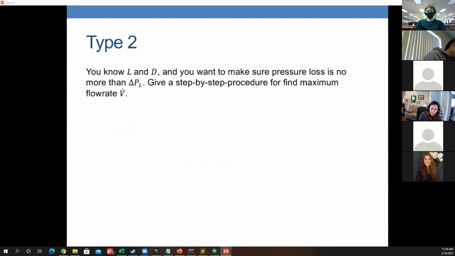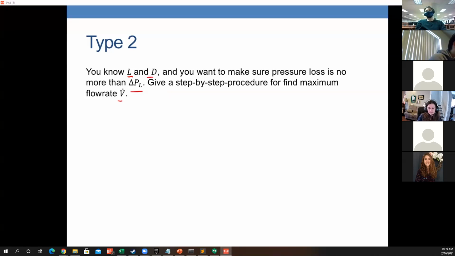Okay, so now we know the length and the diameter, and we want to make sure the pressure loss is no more than delta P_L. So we are trying to find the maximum flow rate that will give us that pressure loss. So we know pressure loss, L and D. Nathan, what do you think we do first? So we have the pressure loss, right?